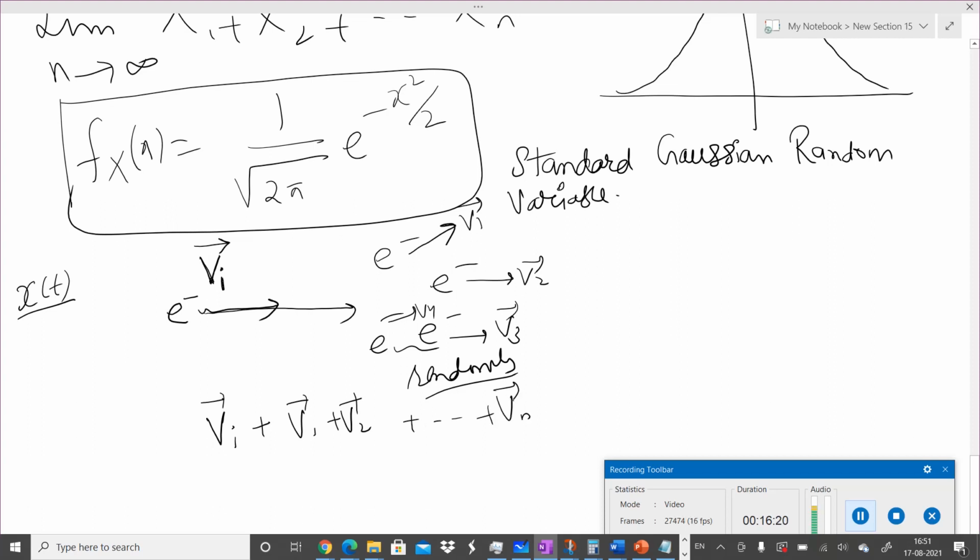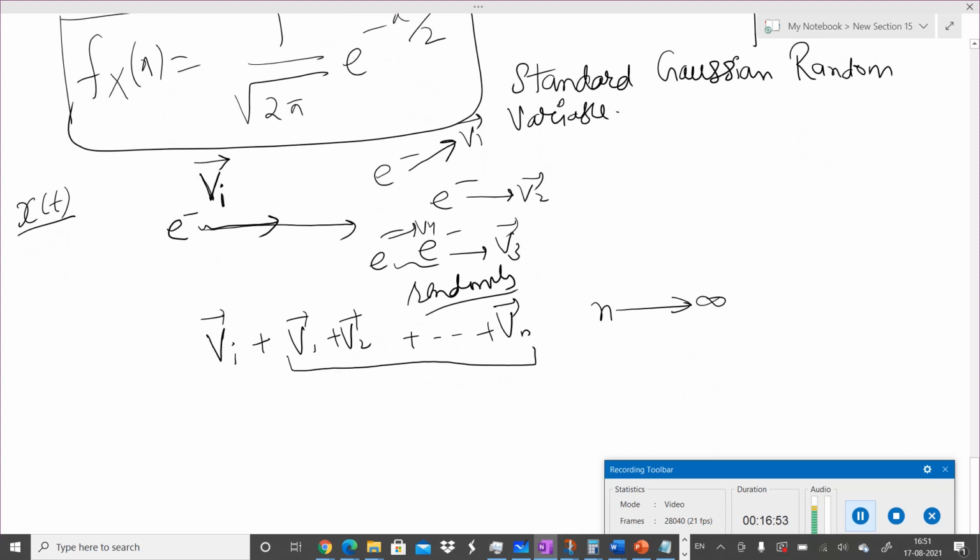Now electrons are moving randomly. You might have studied that they follow a Fermi-Dirac distribution, and they're also called fermions. So you can think of electron velocity as a random variable with a particular distribution. What is happening here is we are adding up these n random variables, and remember that the number of electrons in any material is so high that n tends to infinity.